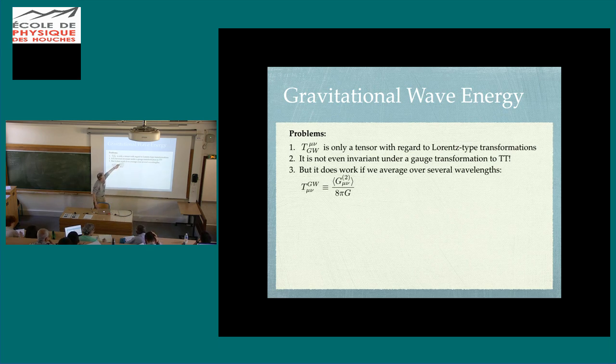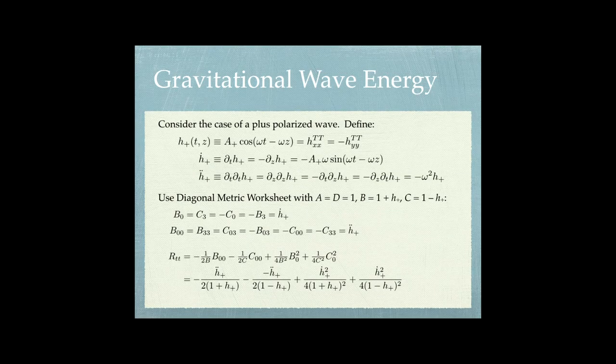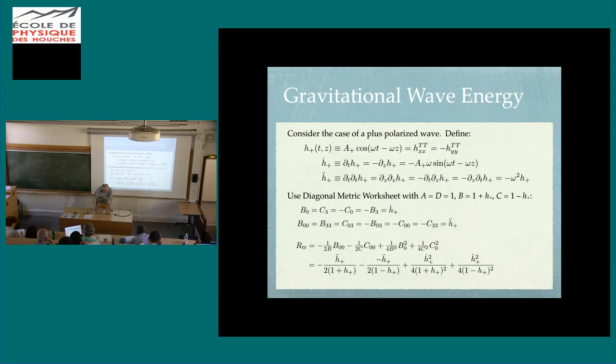So I should have a minus sign here. So we're going to average over a couple of wavelengths. All right, so let's figure out how to do this. I'm going to consider a plus polarized wave, and the first derivative is the same as the negative z derivative, and you pull out an omega and a minus sign.